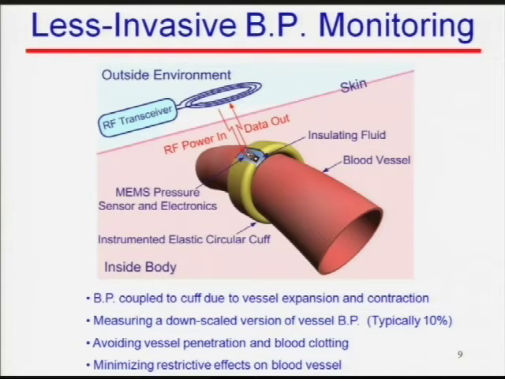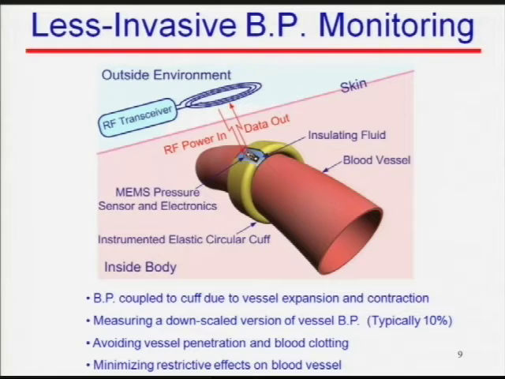In this configuration, we're avoiding the vessel penetration and the blood clogging. Also, because this cuff is built using elastic materials such as silicone, we can minimize the restrictive effect on the blood vessel. Just imagine if you have a cuff around your arm that applies high pressure, and it stays on the arm for 10, 15 minutes or so. You don't feel comfortable, and you can develop sort of hypertension locally.